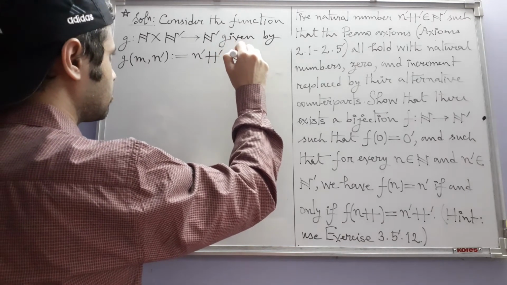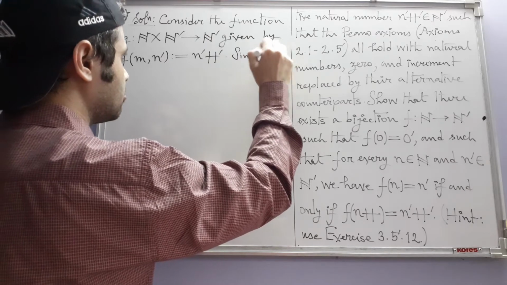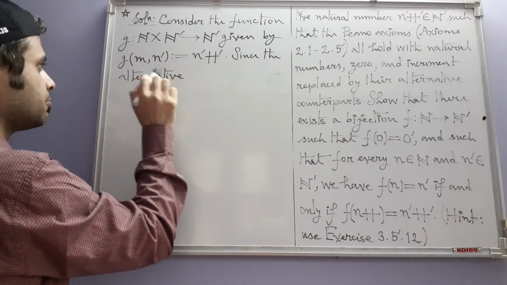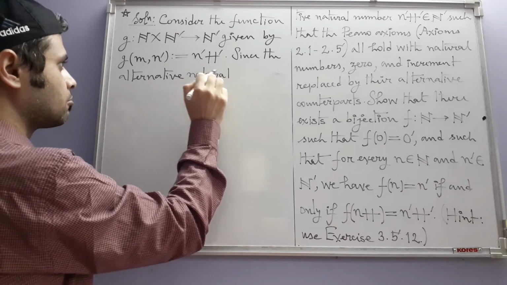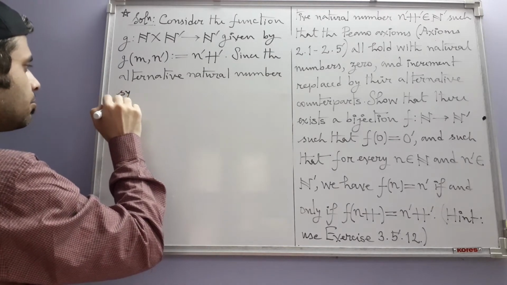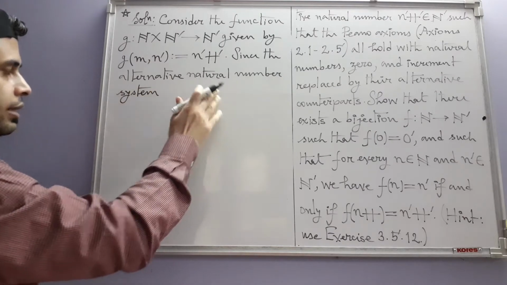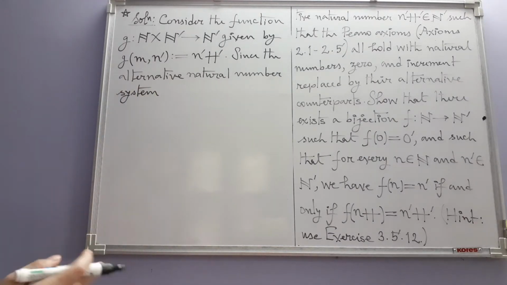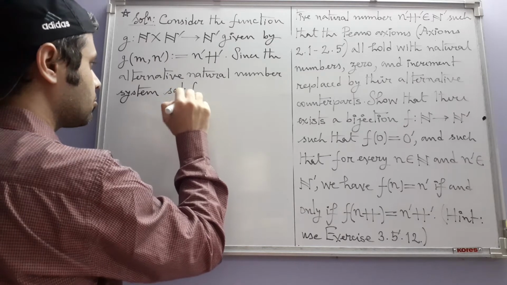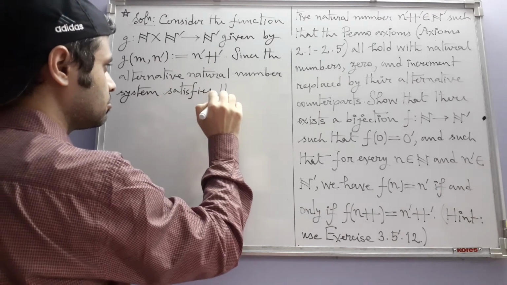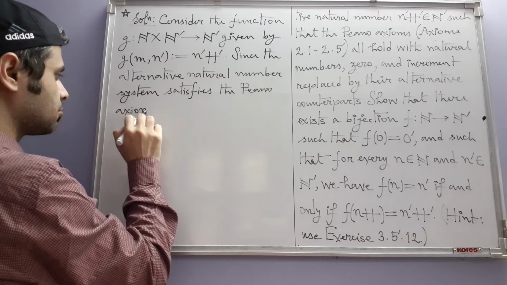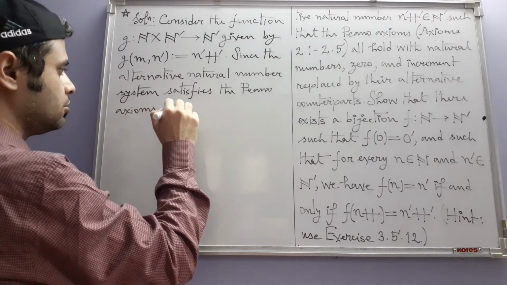Since the alternative natural number system, so that everything is included in it, not just the elements but the alternative increment operation and everything else, satisfies the Peano axioms, g is well defined.